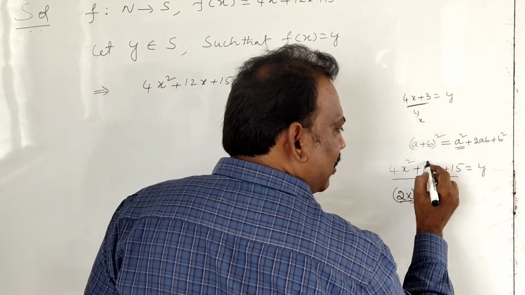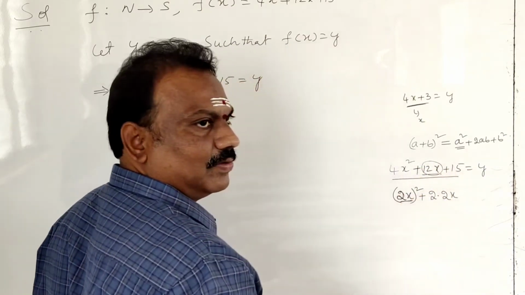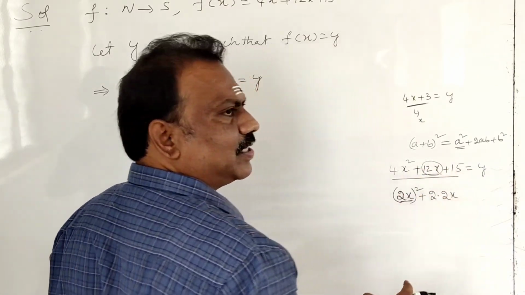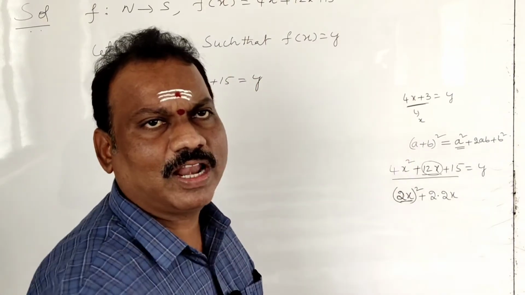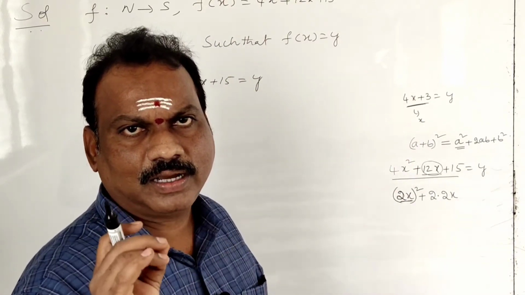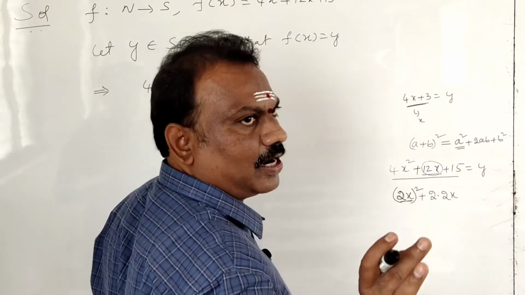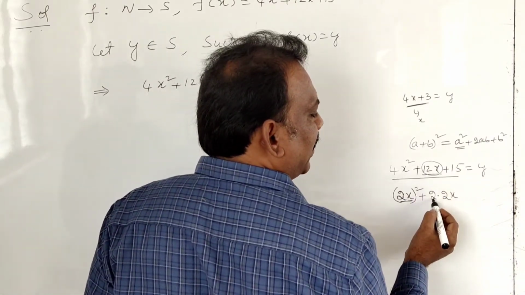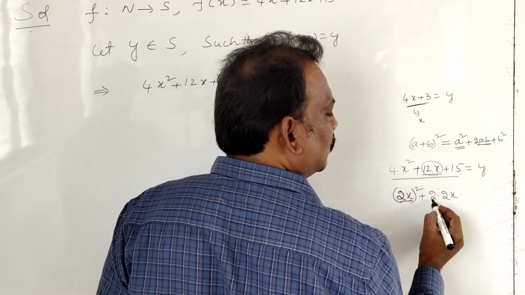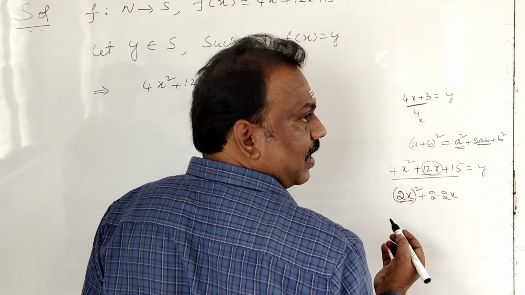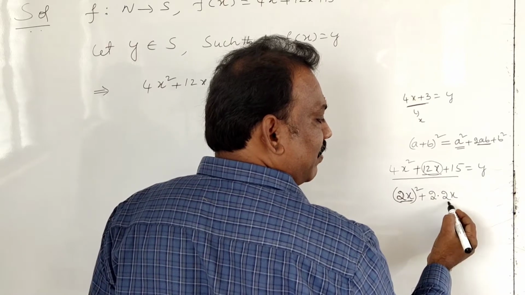Actually what must the middle term be here? 12. 2 into 2, 4, so at what number should you multiply to get 12? 3. Correct, students? Understood? In this 12 I am taking 2 common. Why? We need 2ab. So 2 making common and next a term will be there.